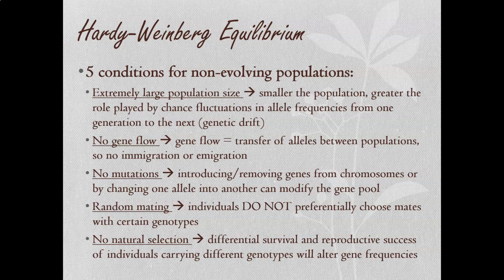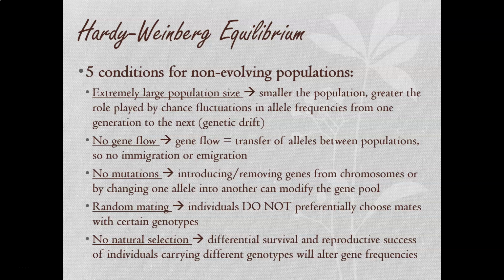I need to have random mating, meaning that there is no preference to one individual choosing another other than you need a male and a female. And that's because any sort of preferential choice for certain genotypes is by definition sexual selection. And sexual selection is a form of natural selection, and I can't have any natural selection. That's the fifth condition here.